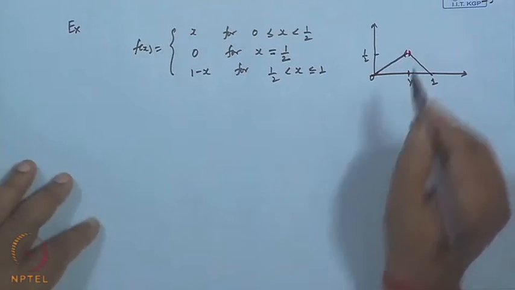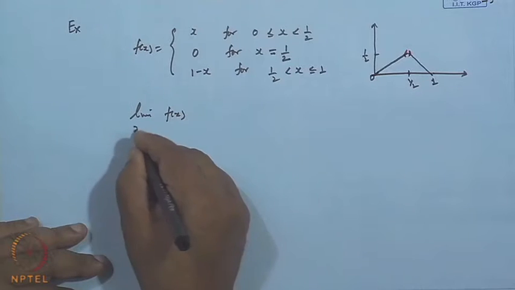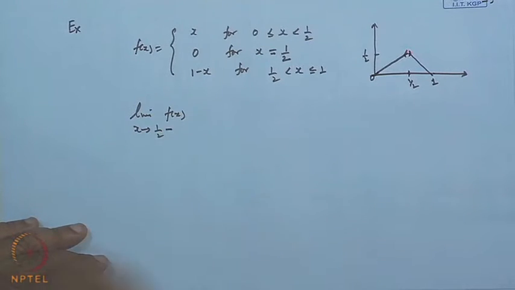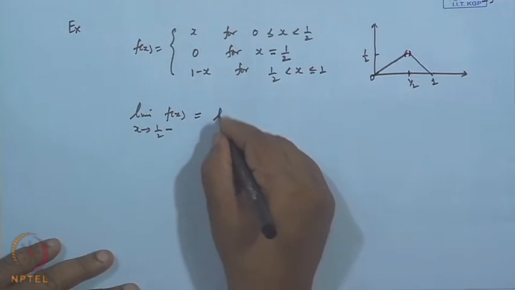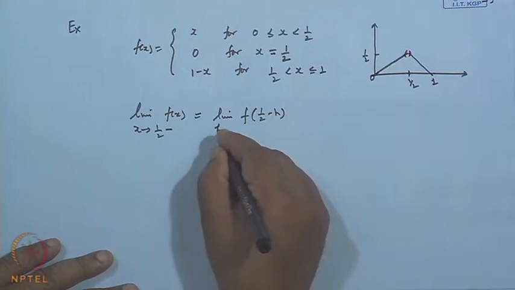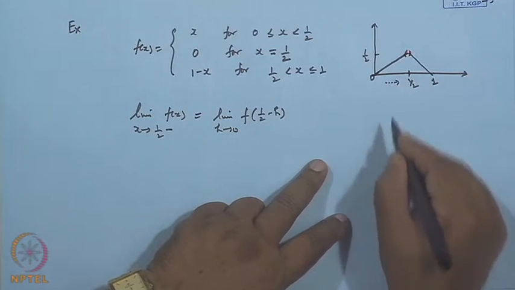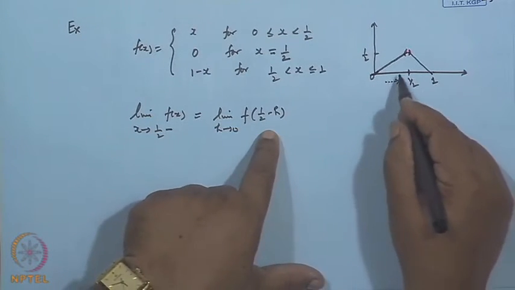Okay. So, here if we look at the limit of this function f(x) when x approaches half from the left, this is the same as the limit of f(half minus h), h tends to 0. From the left hand side you are approaching, so take the point x as half minus h.